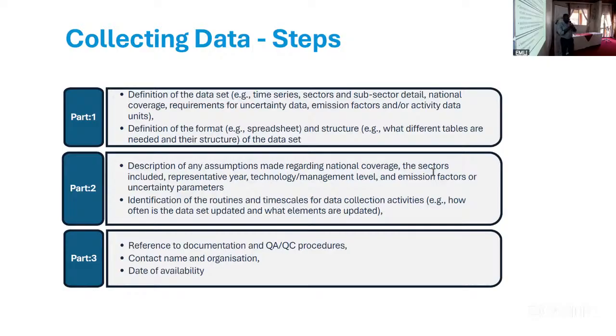This data will come from different sectors, so are you going to receive it in the form of spreadsheets, tables, or reports and the like? Whoever is in charge of supervising the inventory process should be able to ascertain what formats they want.